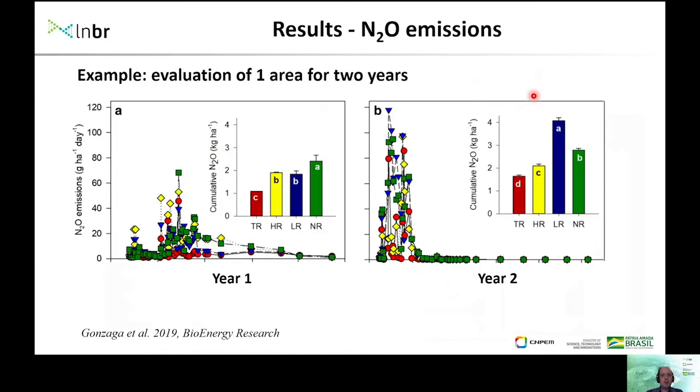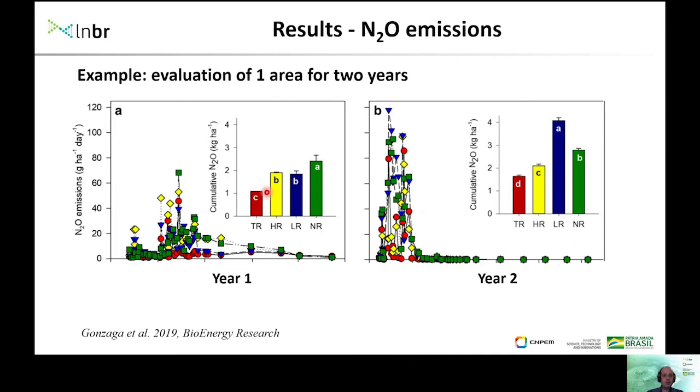And about the N2O emissions. Here I present just one example of one area during 2 years. Here is the data of N2O emission in the first year, and here in the second year.